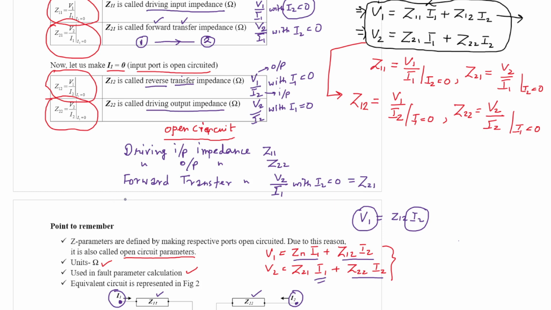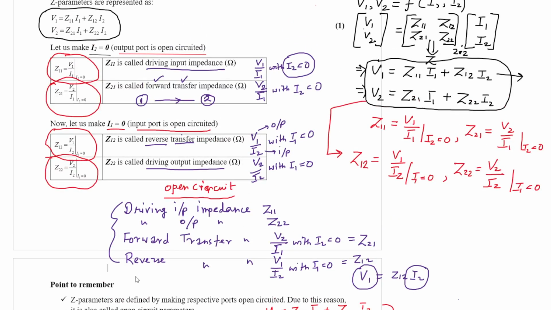And finally, reverse transfer impedance, which is V1 by I2 with I1 equal to 0, and we call it Z12.